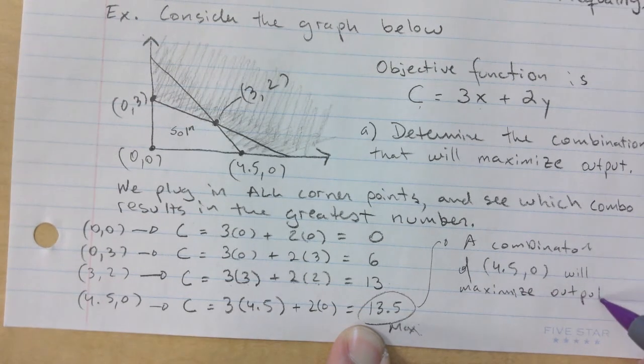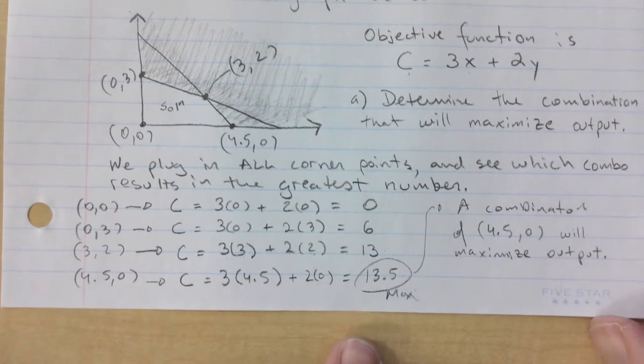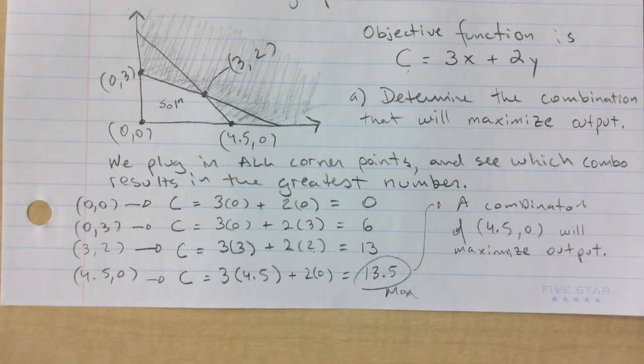And this will be different once we do word problems. It'll mean like a combination of 4 socks and 5 pairs of gloves. Producing that will result in the maximum income and so forth.